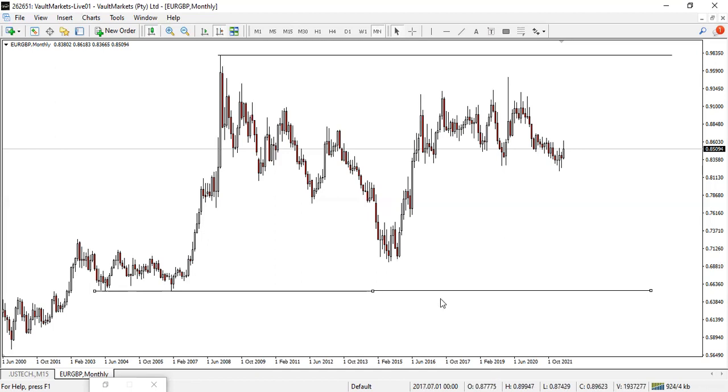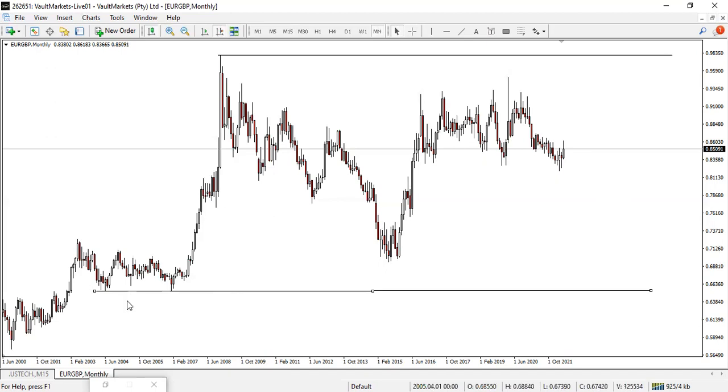So with this equal low, there's liquidity resting below it. Price will have to drop from wherever it is to come and grab this liquidity here.